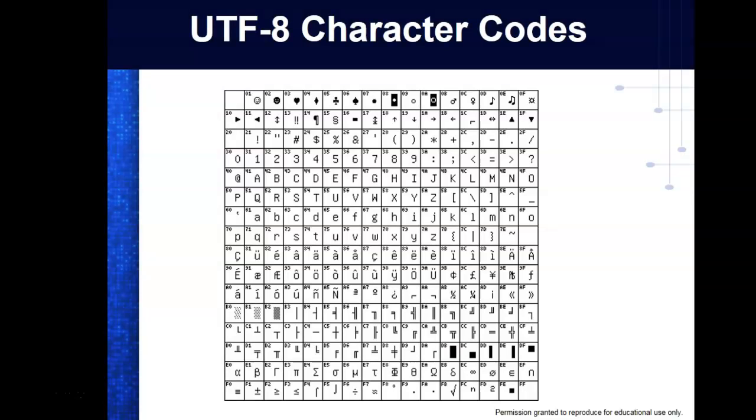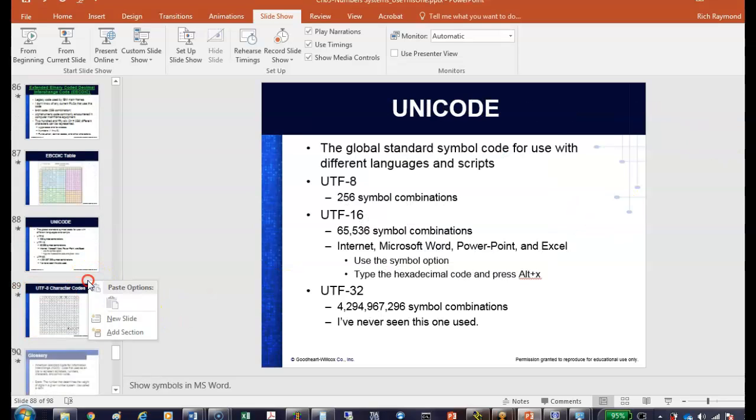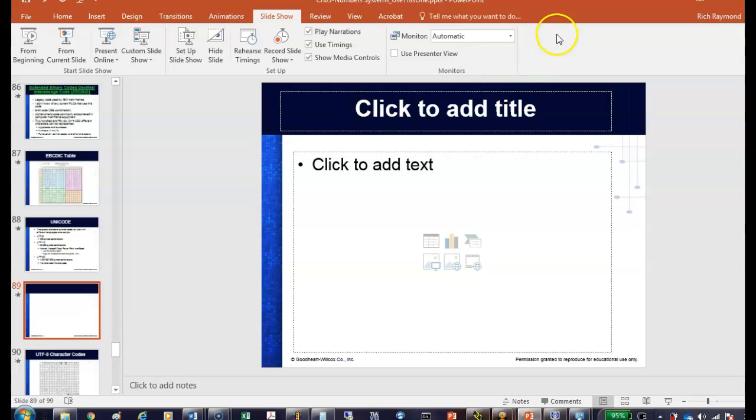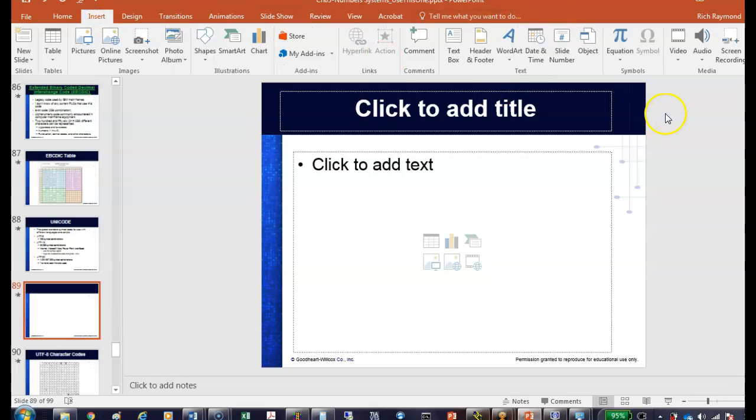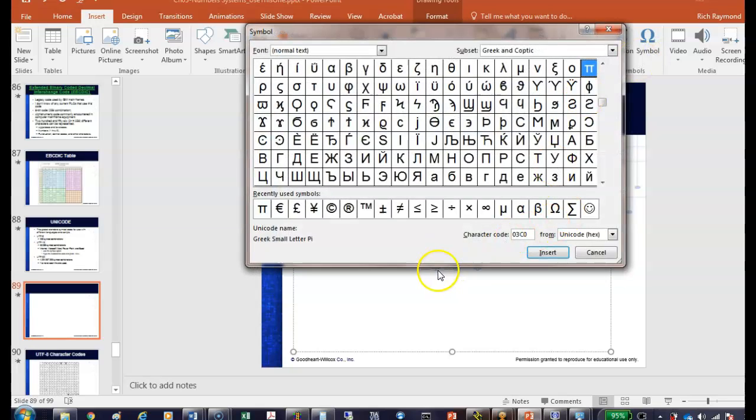So this is 8. Of course, Microsoft doesn't use this, and I don't have 16 up here because that would be 65,536 combinations, so you can actually see it. You're up here typing on your keyboard, but what is actually being inserted in your application is these codes.